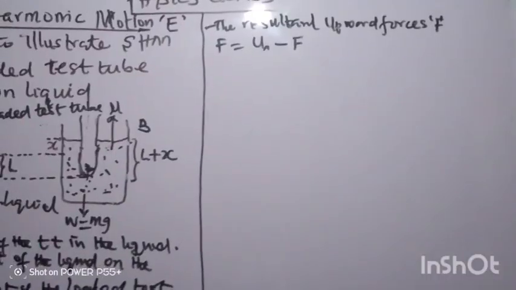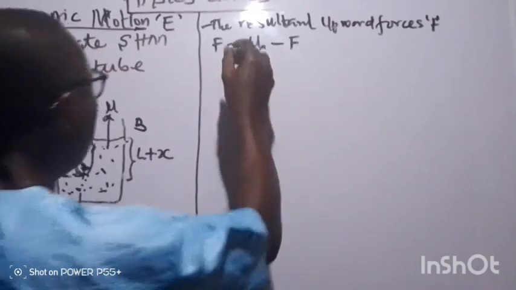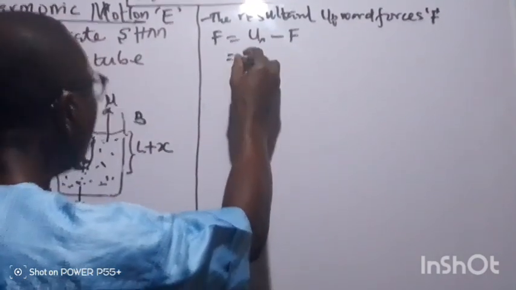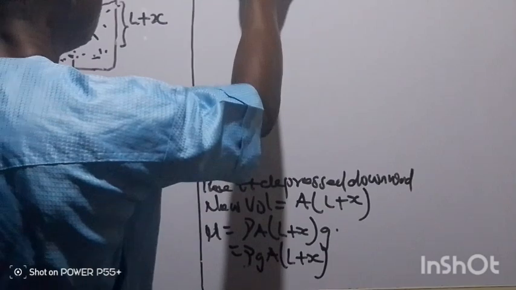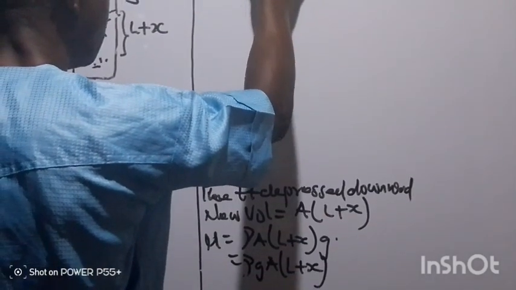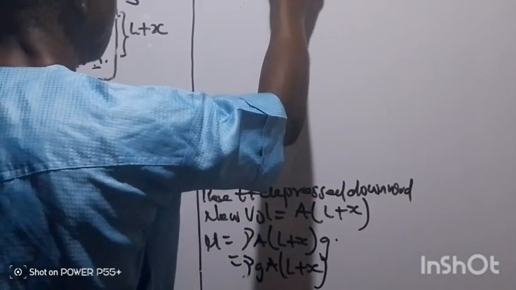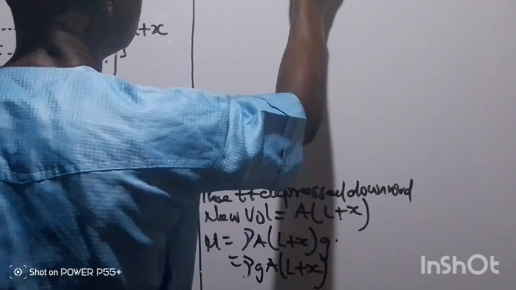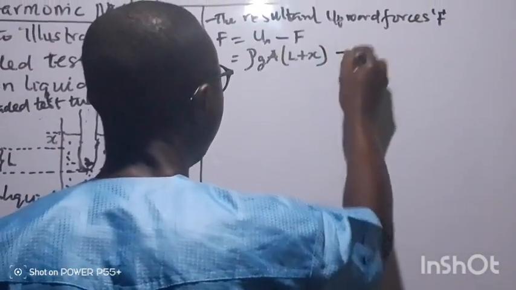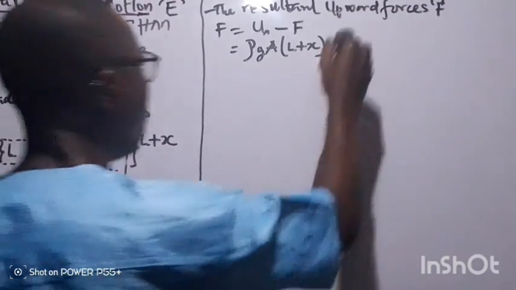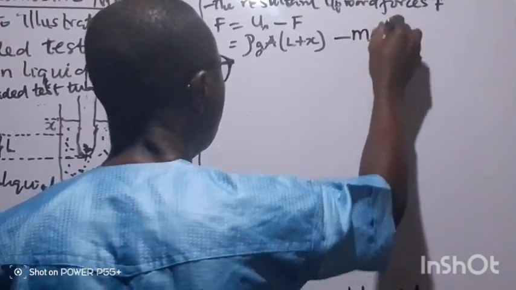And the new upthrust, as I said, is equal to density multiplied by acceleration due to gravity multiplied by area into bracket F plus S, bracket close, minus F is what? mg.